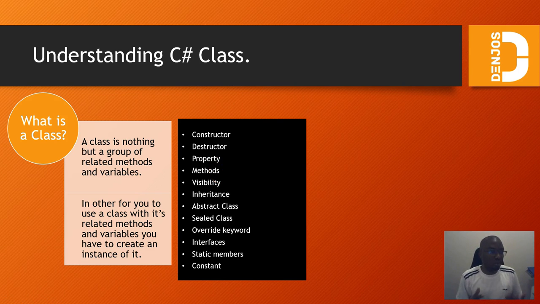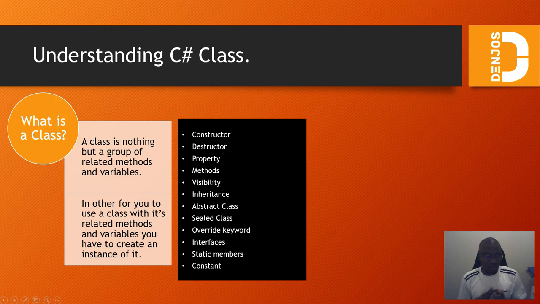A method is nothing but the subroutine that we've been doing all this while, and then visibility, the state of individual functions or properties in the class. We'll talk about that as well, and you'll see that in action. We'll talk about inheritance, abstract class, sealed class, override keywords, interfaces, static members, and of course constants.